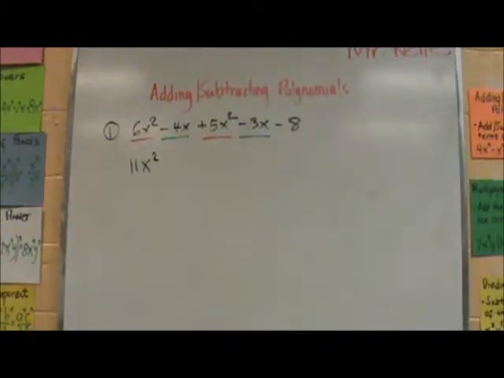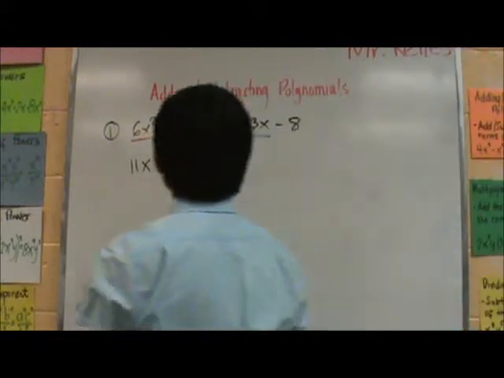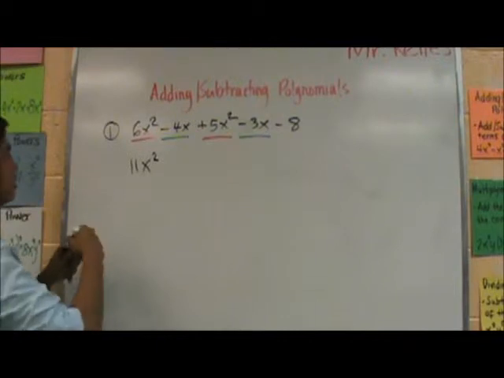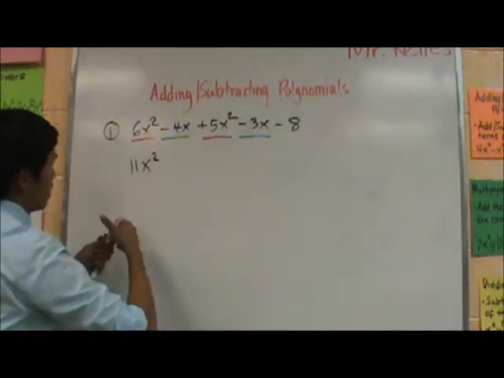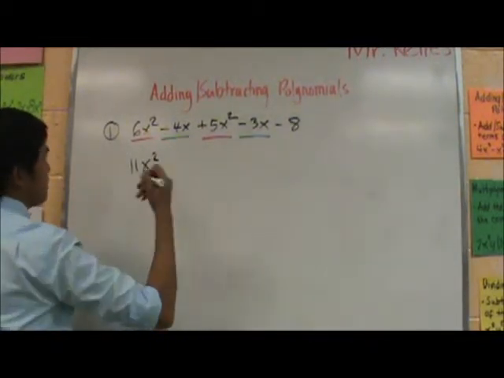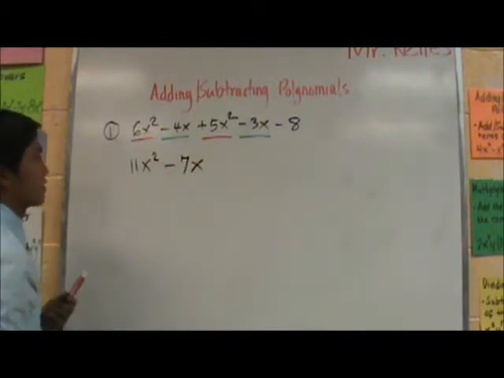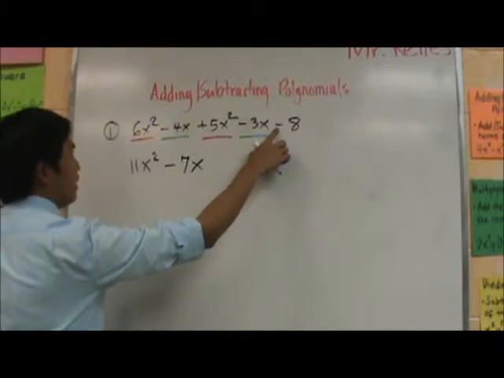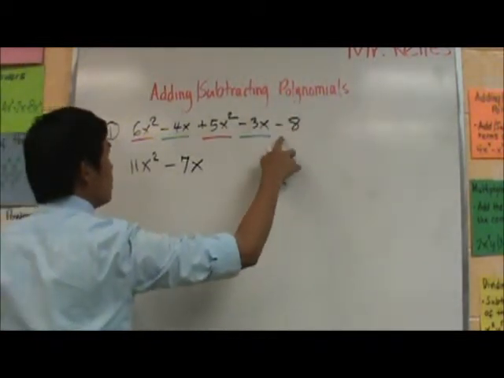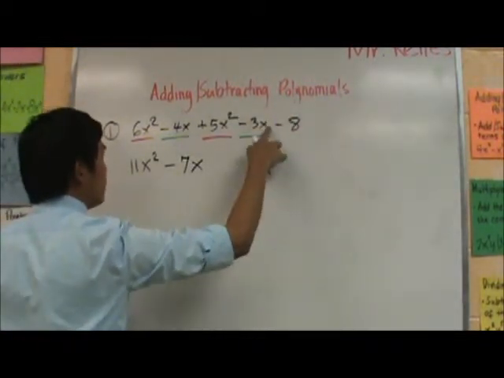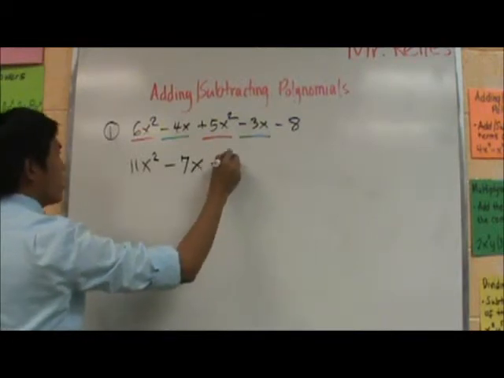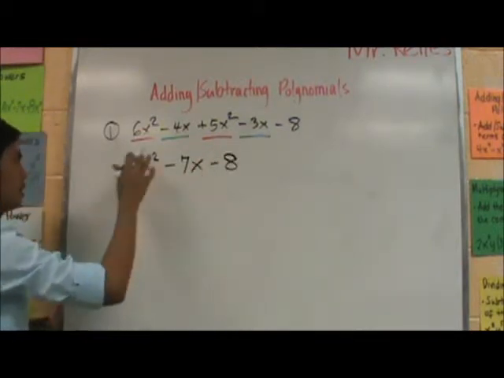What is -4 minus 3? -4 minus 3 is -7x. And then you don't have other numbers here except -8, so we're just going to drop it down. And this is going to be the final answer.